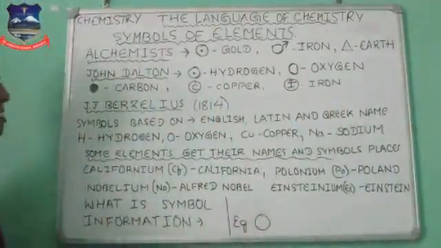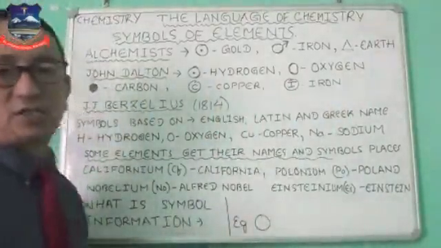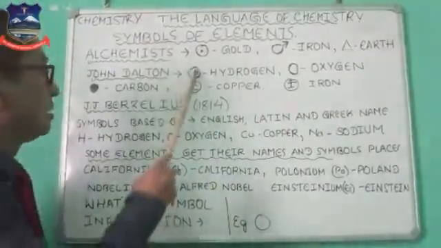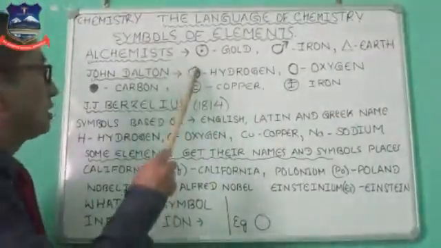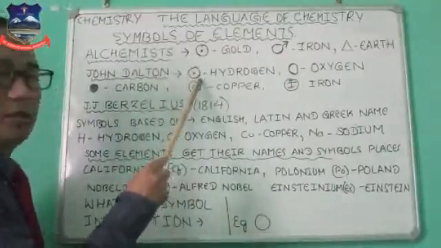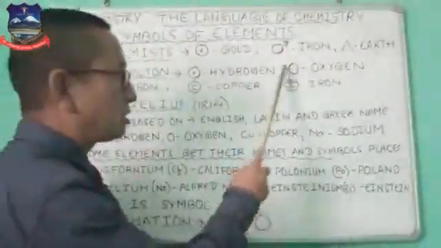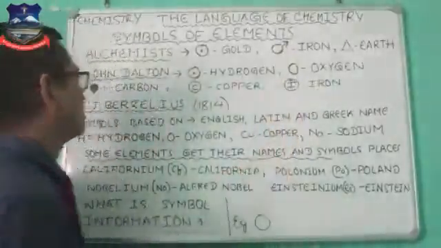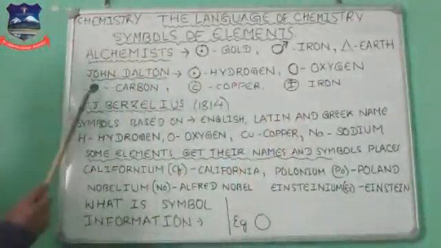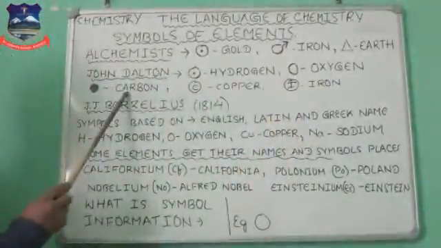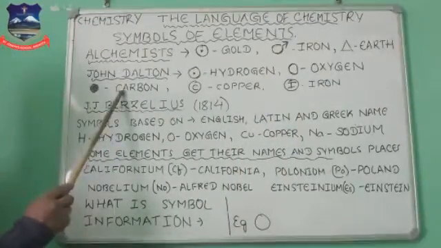And so on. Later on, John Dalton had a similar kind of system. A dot at the center of a circle represents hydrogen. A circle represents oxygen. A darkened circle represents carbon.